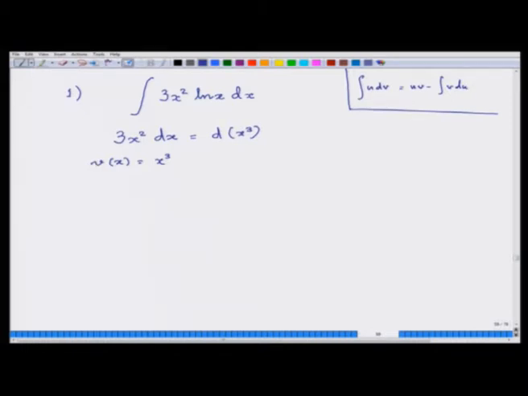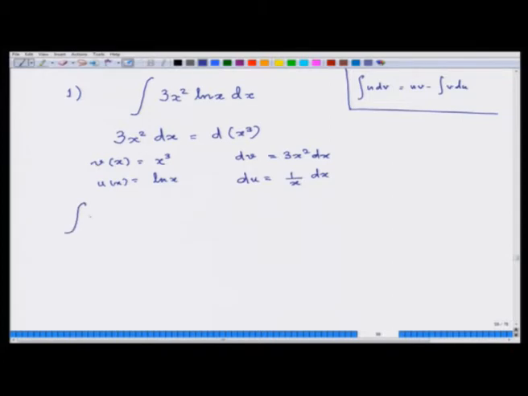So, it is d of x cube. So, this actually means my u(x) must be log x. Okay. So, my dv is, of course, already 3x square dx, and my du is 1 by x dx. Now, I am going to apply this formula.